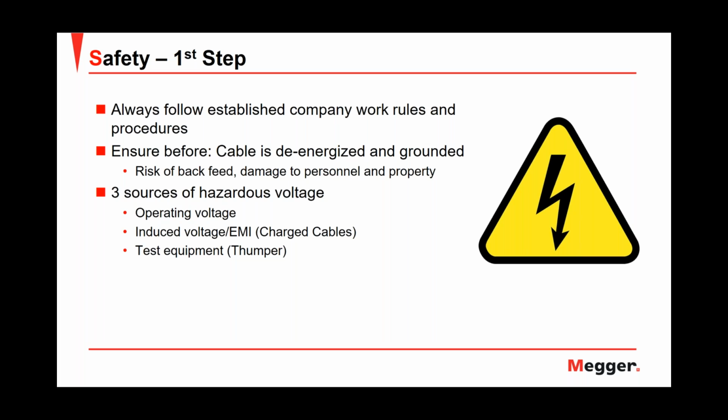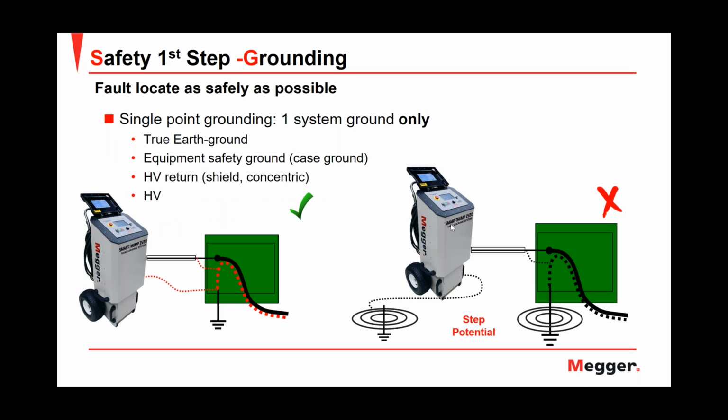So, continuing with the safety. It's very important that for the fault location we have a single point grounded, one system ground only. This is very important for the fault location. Also we need to be sure that we have a true earth ground, and the order of the connections, if you see the picture on the left, is this: the first connection that I will do is the safety ground.